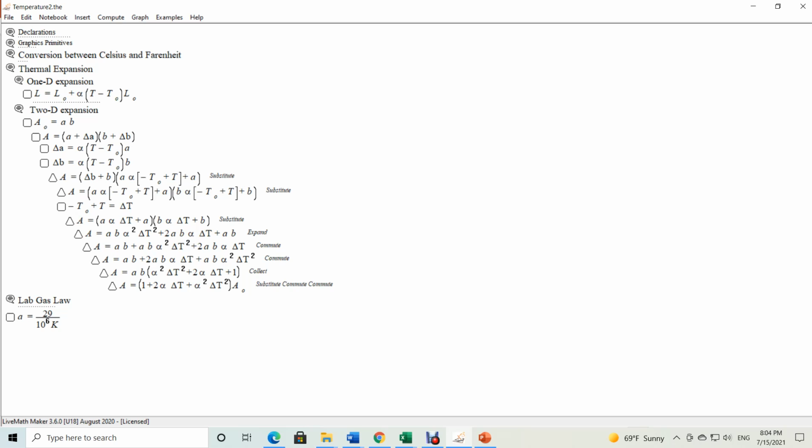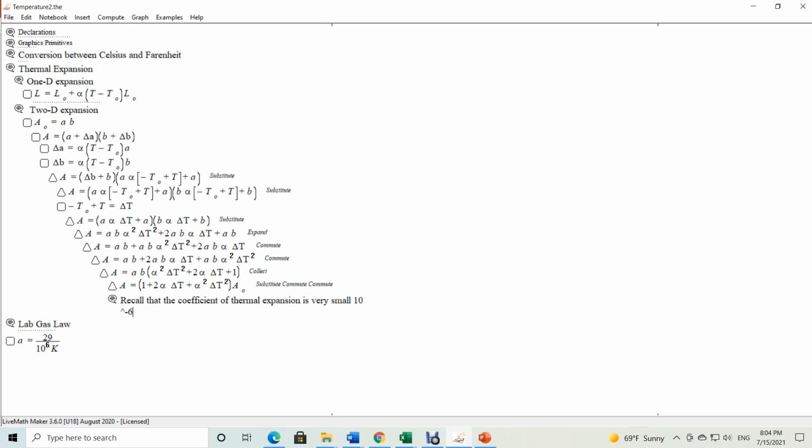Very important. So what do we do next? Recall that alpha, the coefficient of thermal expansion, is very small. Remember that? It's very small, on the order of 10 to minus 6.